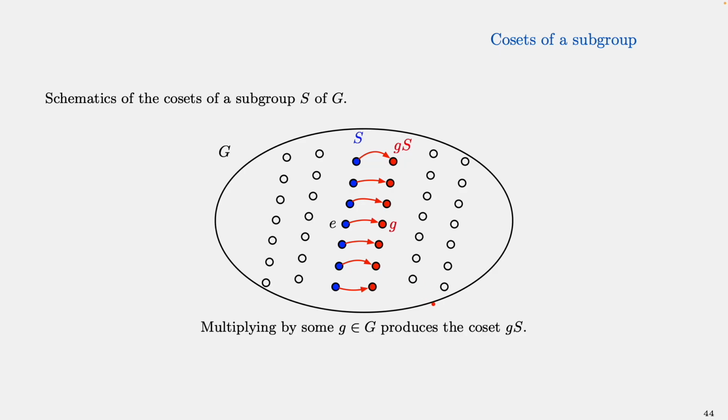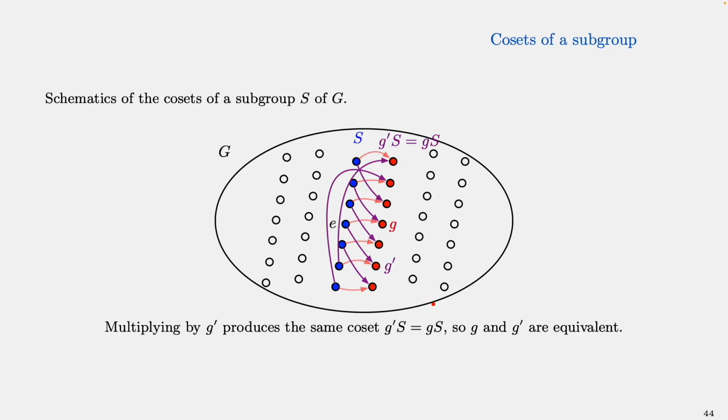And if we have two elements G and G prime that are equivalent, that produce the same coset here, then we get the same elements, the red ones, multiplying all the blue elements, the elements of S, by G prime.